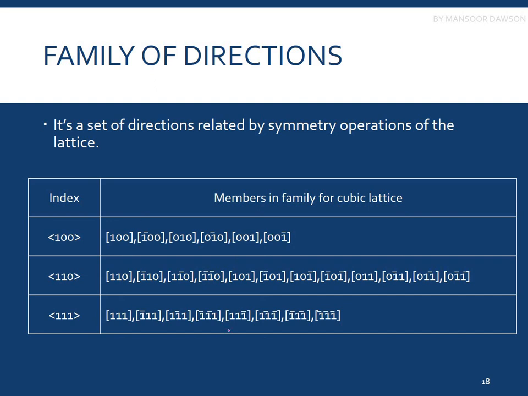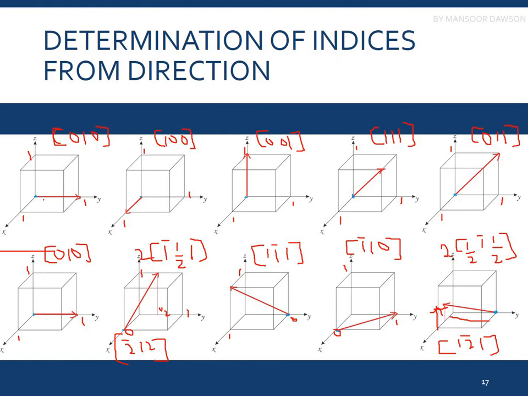For example, if we have drawn this 0 1 0 and 1 0 0, and we rotate this cube in this direction, this would be equal to this, and if we move it upwards, this would be equivalent to 0 0 1 as well, because in a cube you can change the axis.